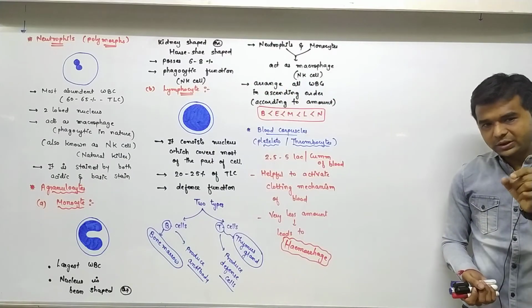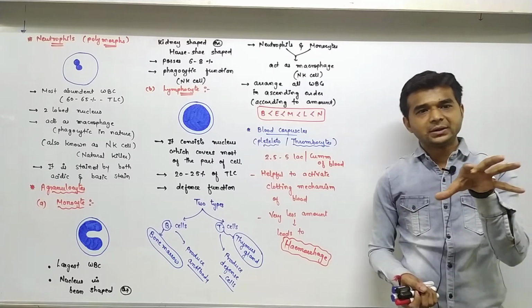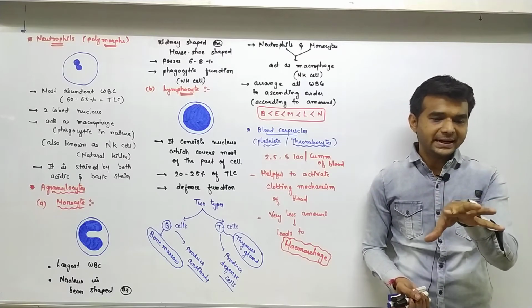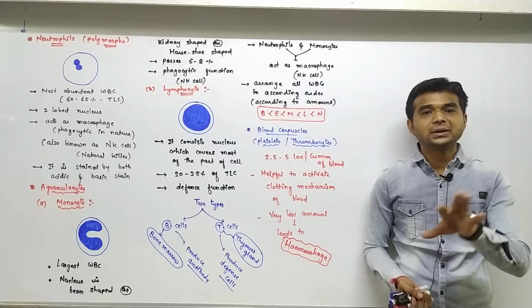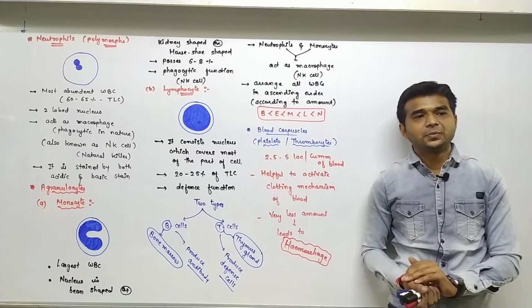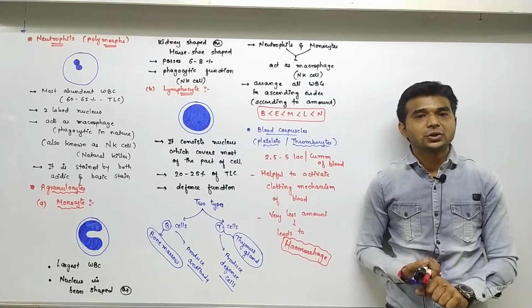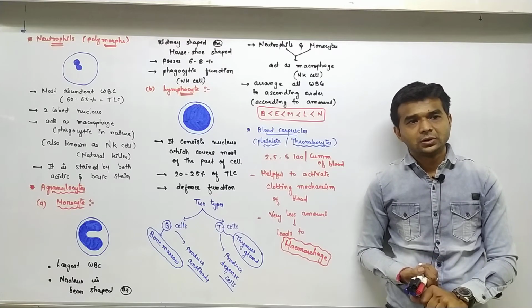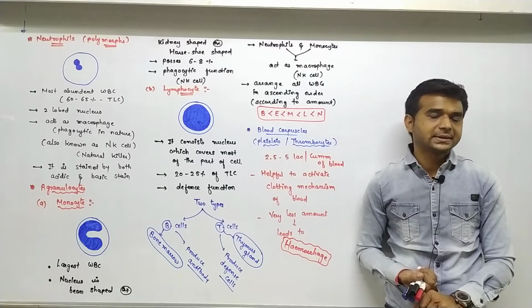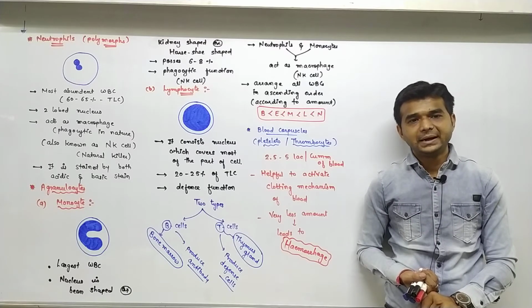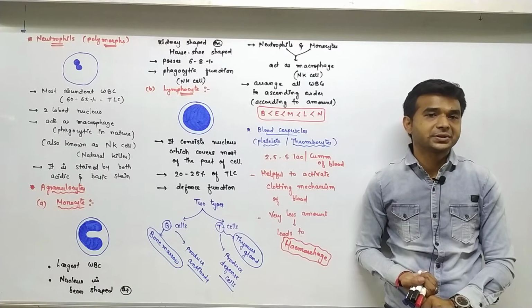This clot is present at the rupture site and blocks the bleeding. Preventing the bleeding is known as thrombosis. So due to thrombosis, thrombus formation is aggravated by platelets, known as thrombocytes.